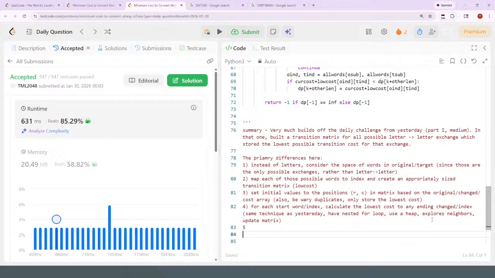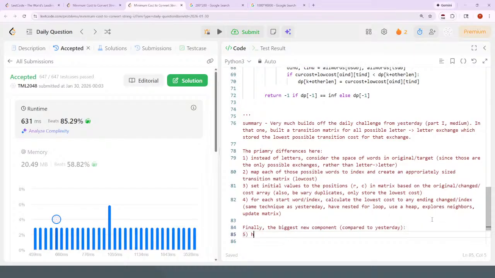And then last but not least, finally, the biggest new component compared to yesterday. Have a dynamic programming array to store the lowest cost to transform source to target up to a given index.